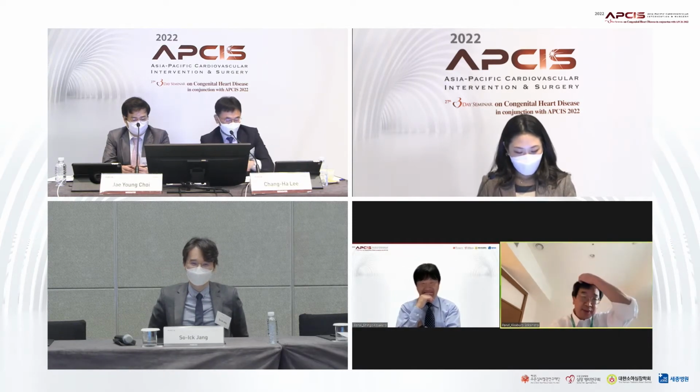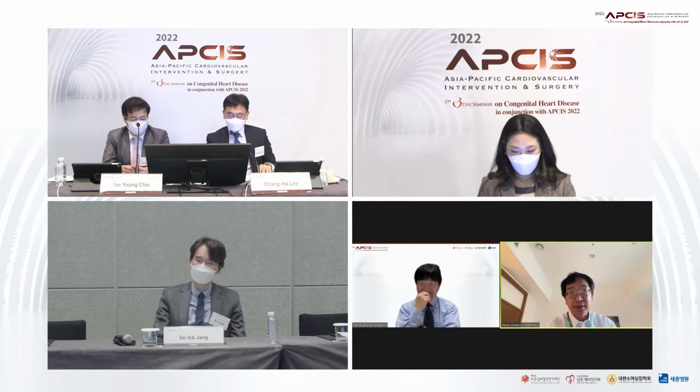So anyway, the stenotic right PA is very severe. In my institute, we try to make a right PA reconstruction using a pericardial patch together with an RV-PA conduit with cusps, maybe.